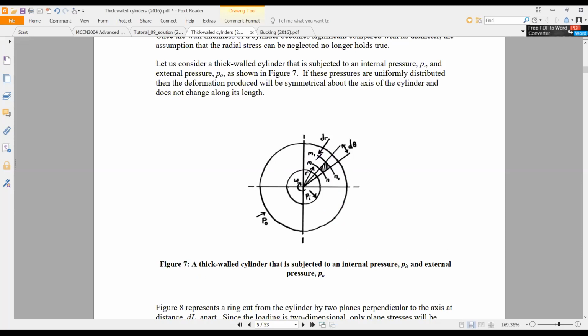This is called the MN plane, and this is the M1N1 plane, the tangential or circumferential surfaces. Covered by these two surfaces is the small segment we select.